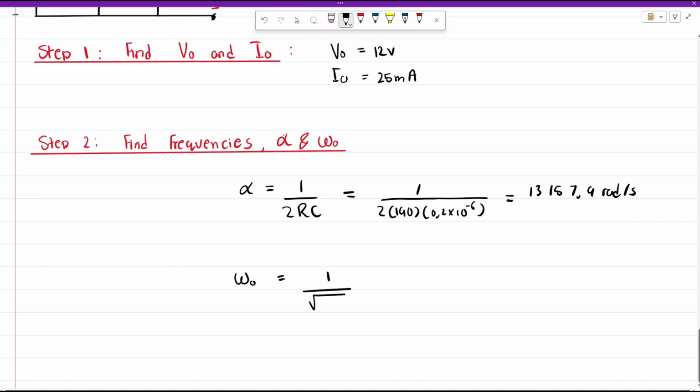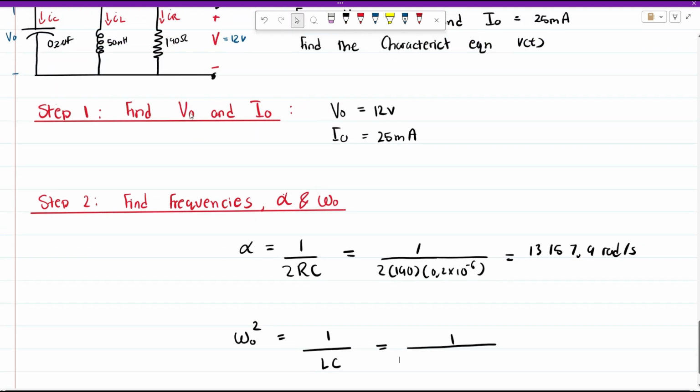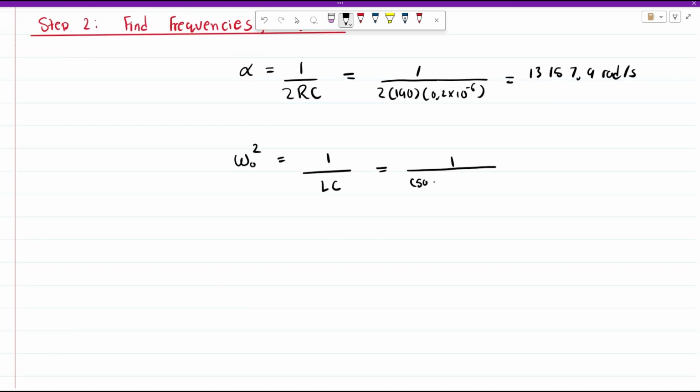Now we're moving on to finding the resonant radian frequency, which is equal to 1 divided by the square root of LC. You can also rewrite this by squaring both sides and removing the square root. So this is equal to 1 divided by the inductance, which is 50 millihenries, so 50 multiplied by 10 to the power of negative 3, times the capacitance, which is 0.2 multiplied by 10 to the power of negative 6.